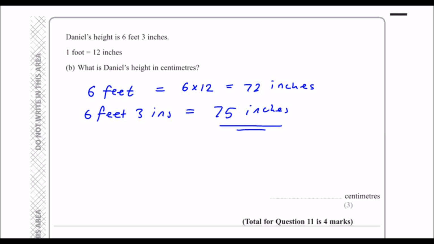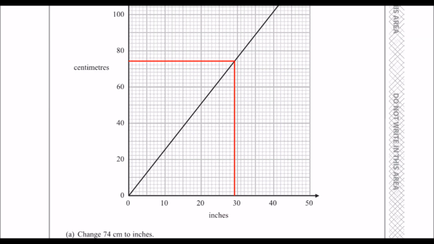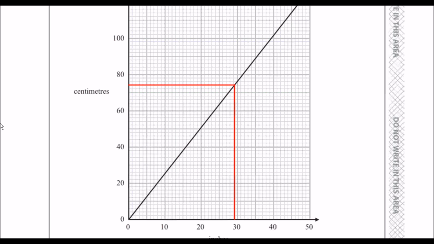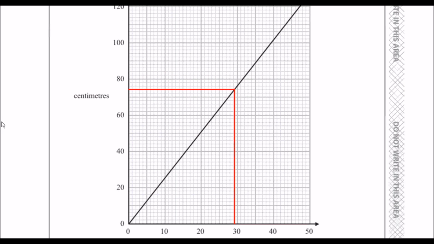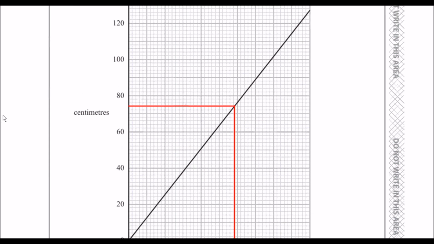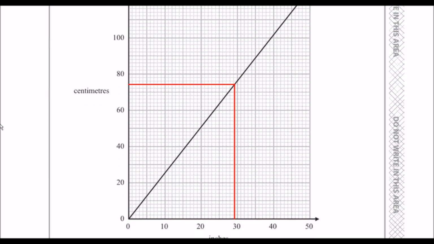Okay, so we've got to change 75 inches into centimeters. So let's go back to our graph. 75 inches into centimeters. Okay, well, 75 is not on here. We've got a few options. We can do 50 and 25, or 25 and times it by 3, or any combination to make 75. Let's go to 25.